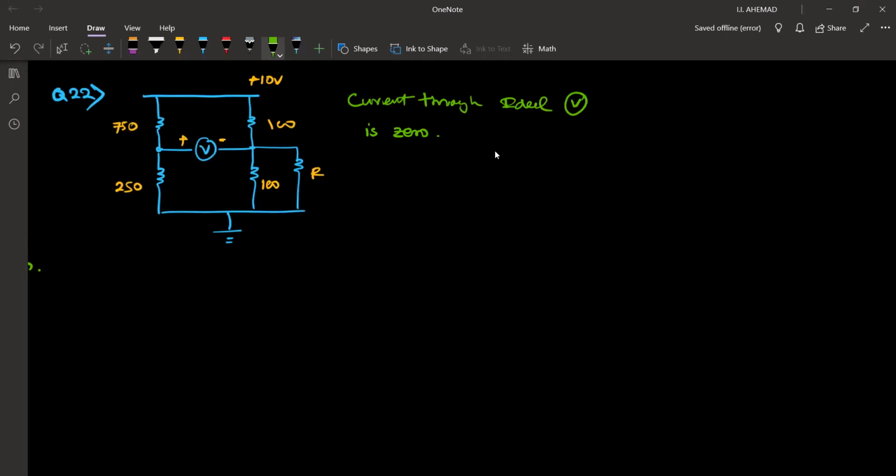So what will be the potential here? What is the potential over here? What is V plus?